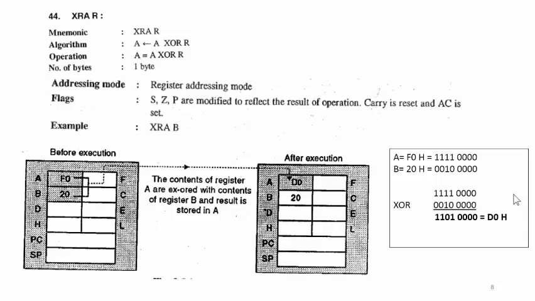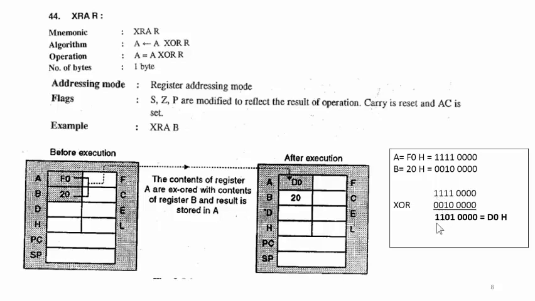This is your F0, this is 20, and bitwise XORing operation. You know the XORing logic very well: if any one bit is 1, you will get output logic 1. So in the lower nibble, as in both places we have 0 0, you will get lower nibble 0, and in the upper nibble bitwise XORing operation.